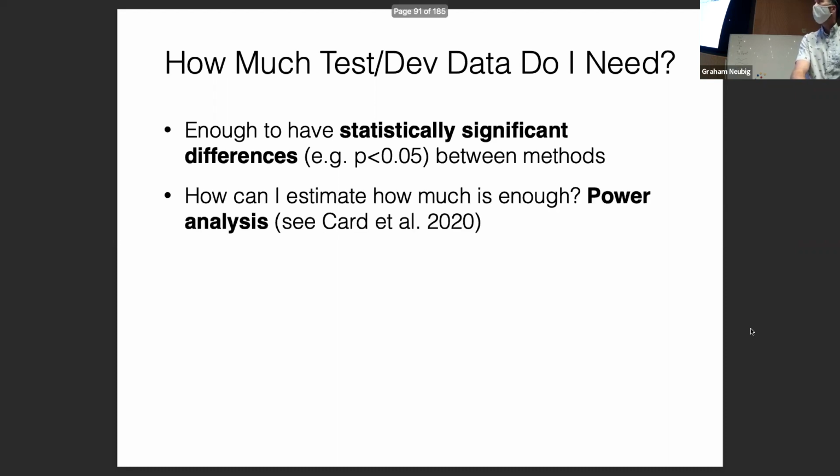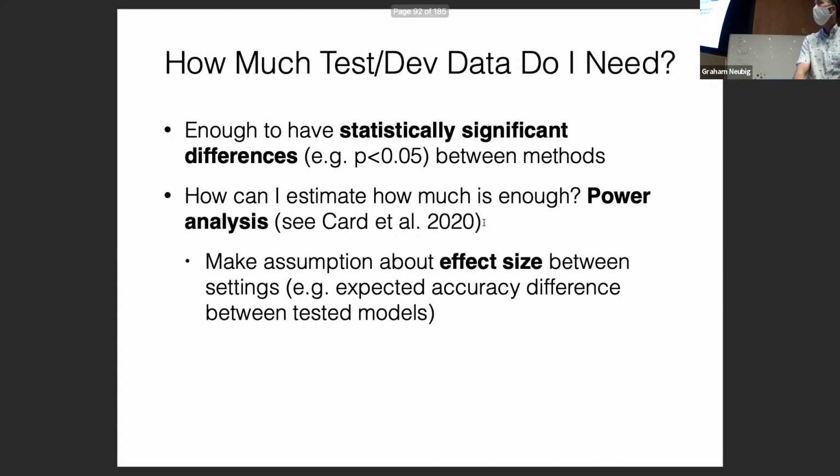And so how can you estimate how much is enough? This can be done through a method called power analysis. There's a really nice survey of statistical power in NLP in this Card et al. paper. But basically, in power analysis, you make an assumption about how big the effect between two settings is.